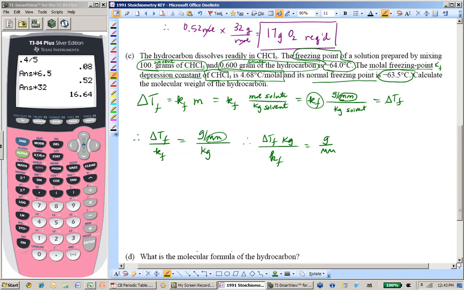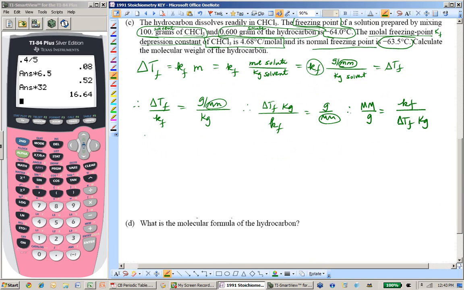My algebra teacher back in high school taught me to flip it at this point if I wanted to solve for this. So I'm going to say molar mass over grams is equal to Kf over delta Tf times kilograms. I flipped and I switched sides of the equation at the same time. And now if I multiply this gobbledygook by grams, that will be gone, and I will have a final expression. Molar mass equals Kf times the grams over delta Tf times the kilograms.